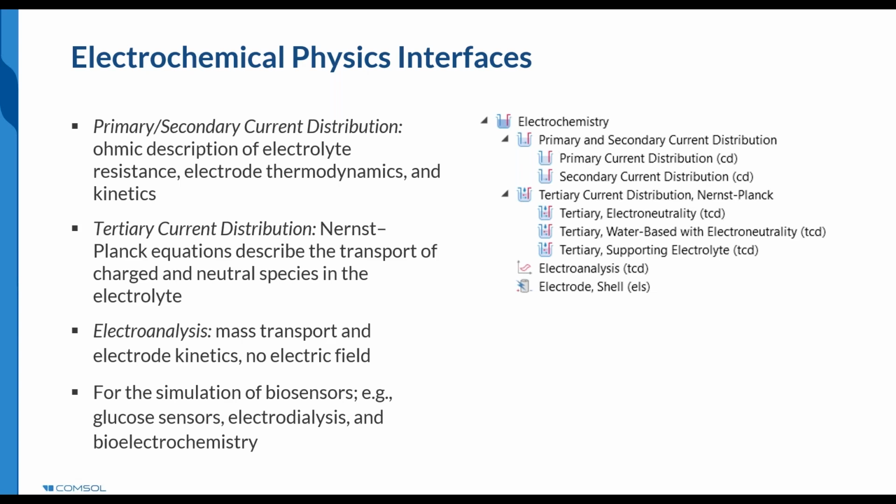For sensor systems, electroanalysis can be a convenient interface to use, as this models systems where there are no significant potential gradients within the electrolyte, and just allows you to consider the mass transport and the electrokinetics. This can be quite useful if we're looking at biosensors, for example a glucose sensor, and we have a good example of that within our application library.